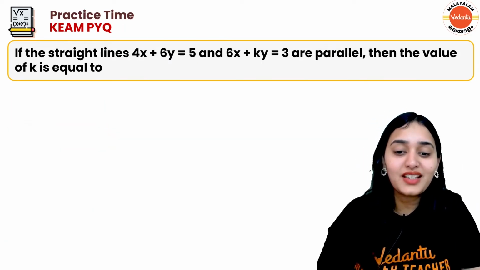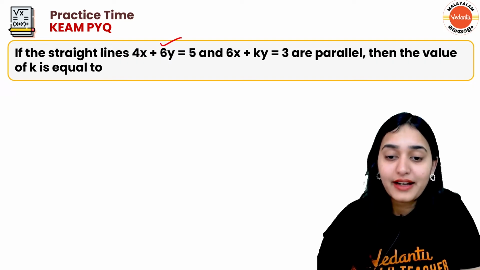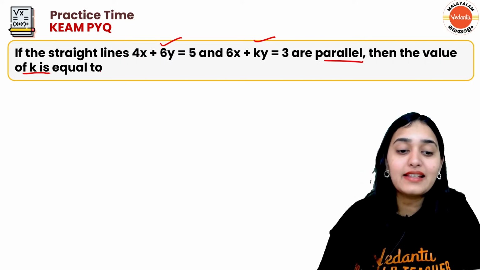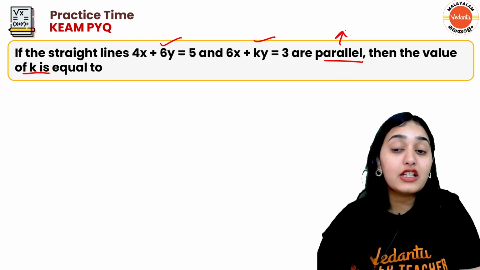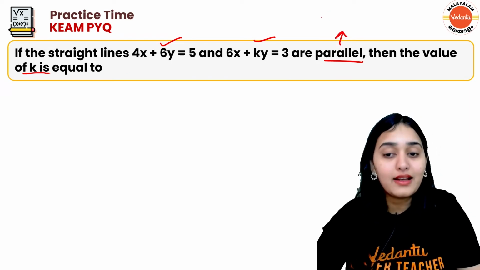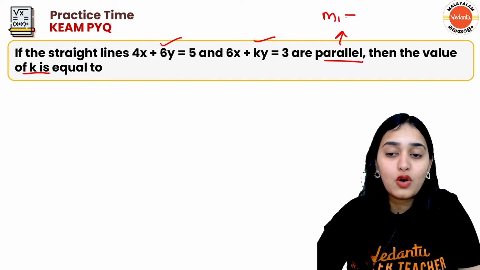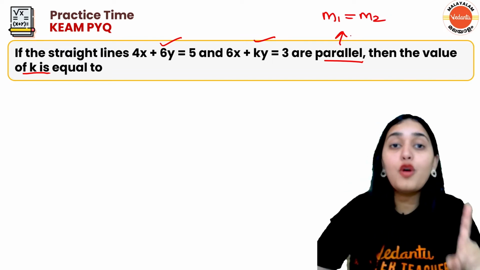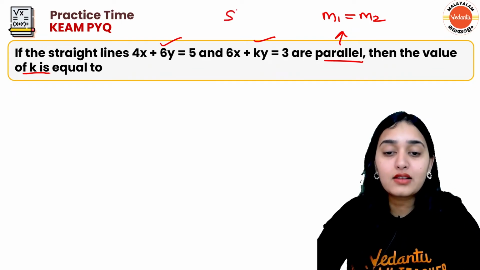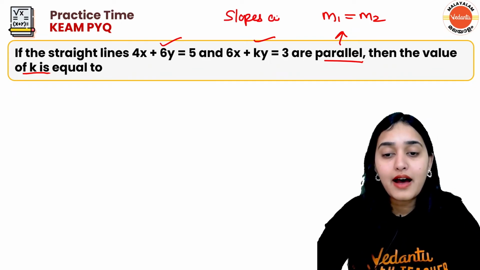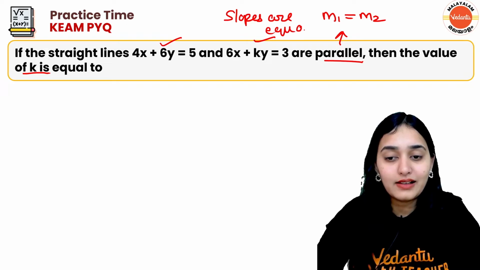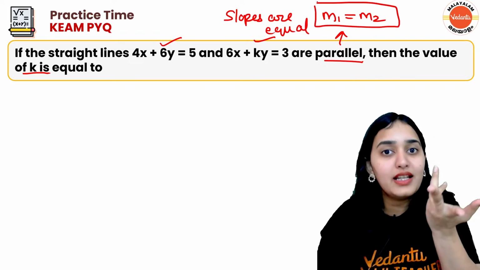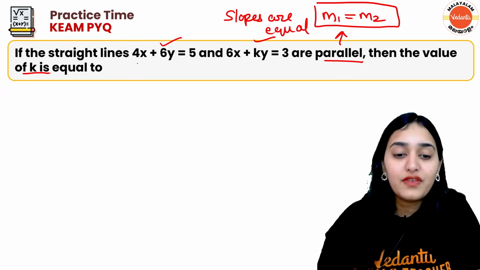Okay, next. If this straight line and this line are parallel, then the value of k is equal to dash. Now, what is the condition for parallel lines? For parallel lines, the slopes are equal. So first, let us find out what the slope is here.